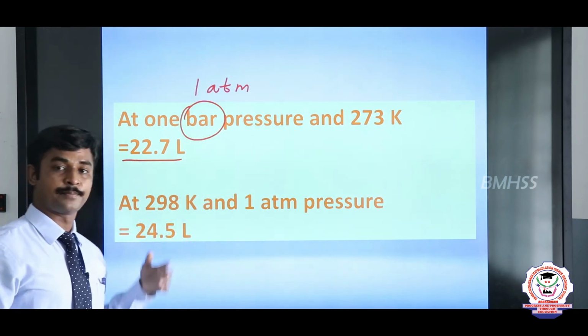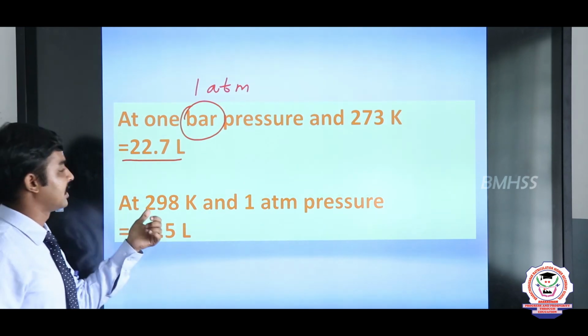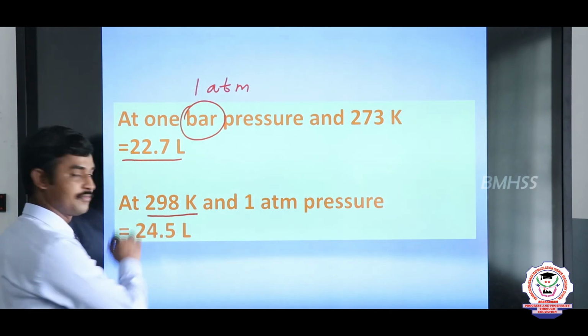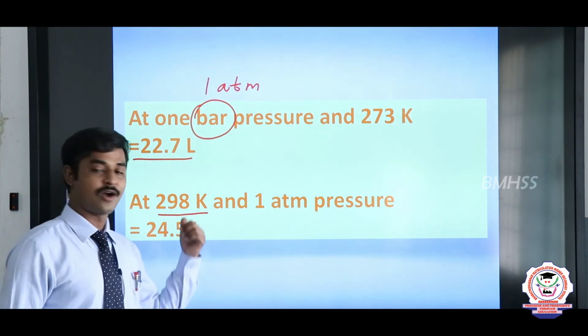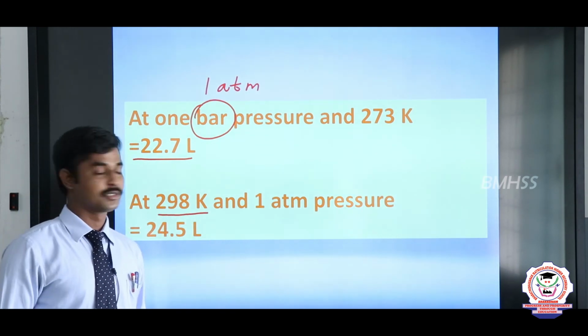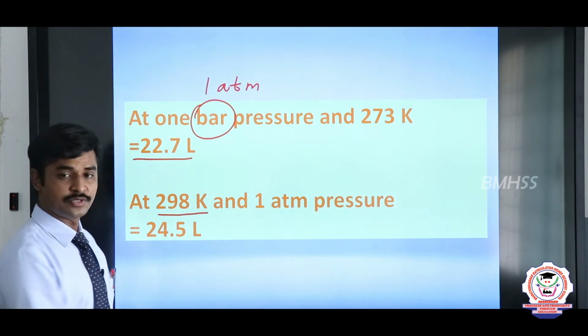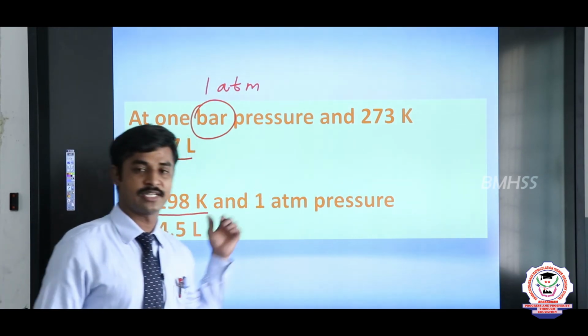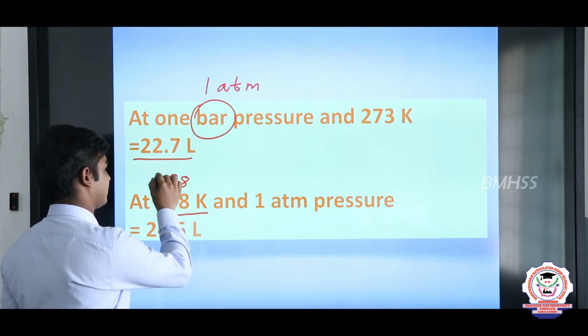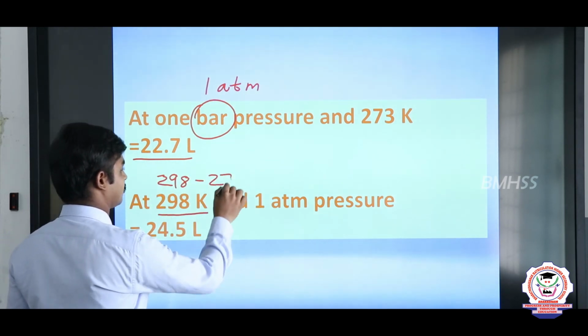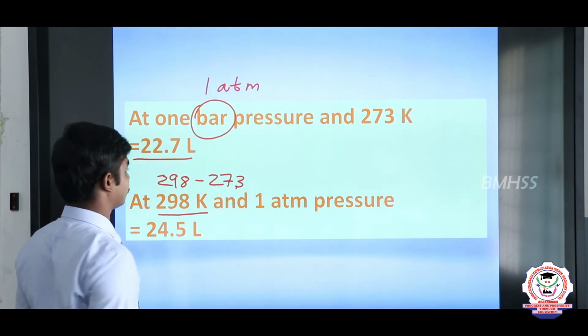If we change the temperature, for example, here we use 298 Kelvin. So, Hemant, can you tell me how many degrees Celsius are present in this? 298 Kelvin. Do you know the difference between 273 Kelvin and 298 Kelvin? Find now. 298 minus 273.